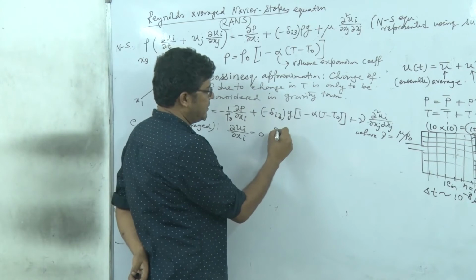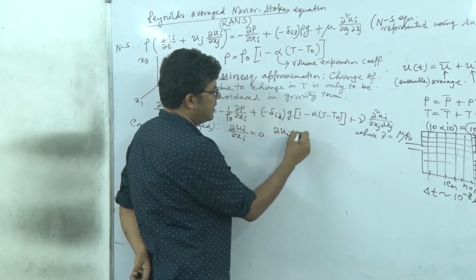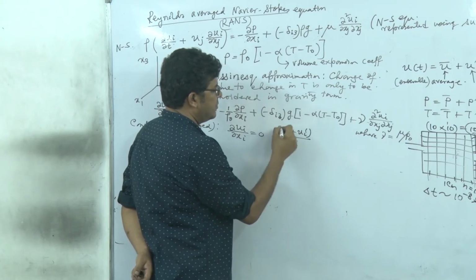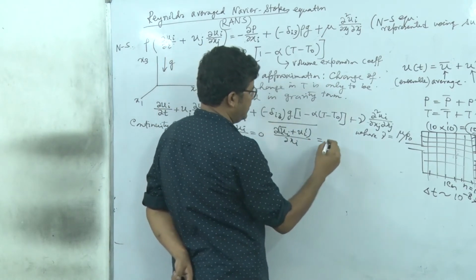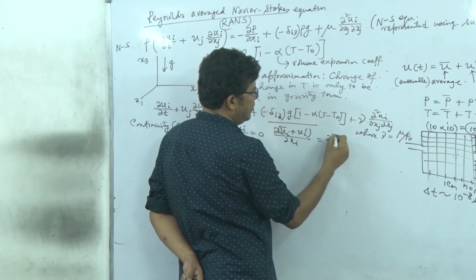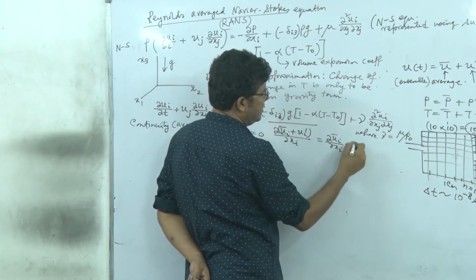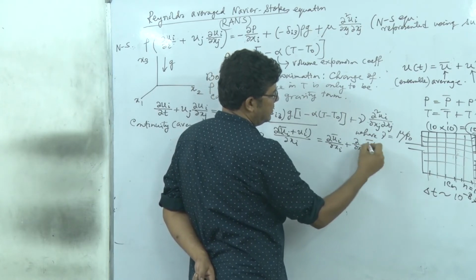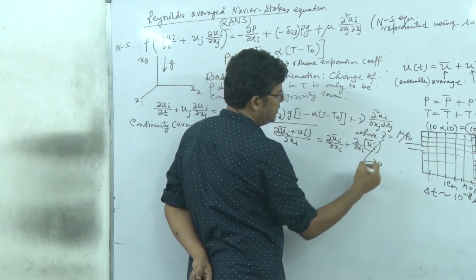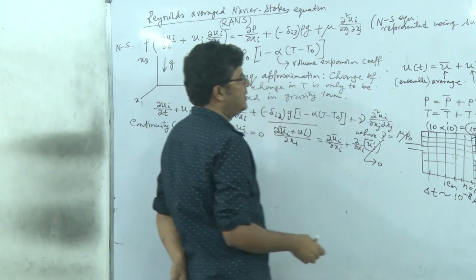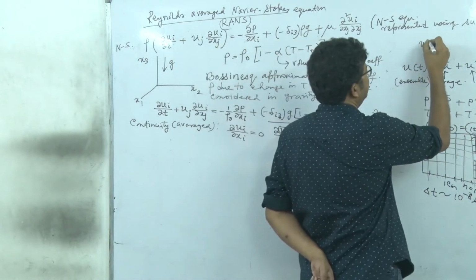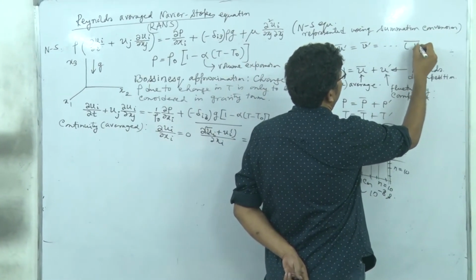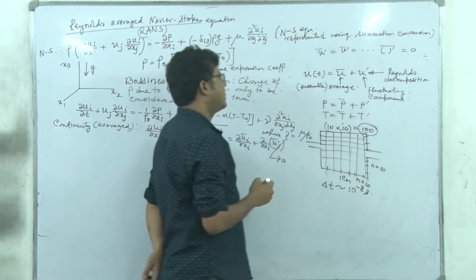So if I average it out, first going for Reynolds decomposition and averaging, what are we getting? Del ui bar del xi plus del del xi of ui prime average. So this itself is equal to 0, because, as I mentioned previously, the average of u prime, v prime or any prime quantity is equal to 0.